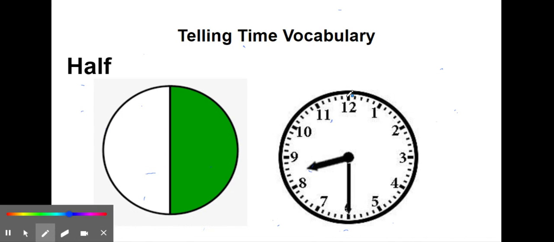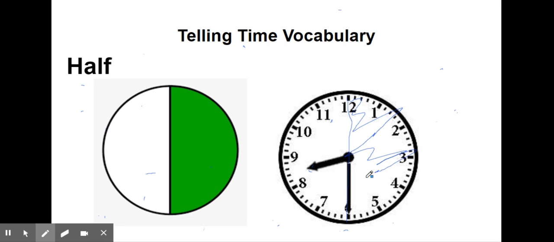The minute hand has made its way halfway around the clock. It is halfway through the hour. When it's at the 6, it means that there has been 30 minutes. And we know that 30 minutes is half of 60. It's half of an hour. When the minute hand is at the 6, when it's half like that, you say half past.